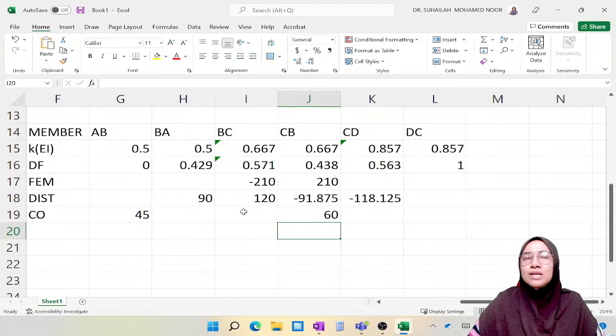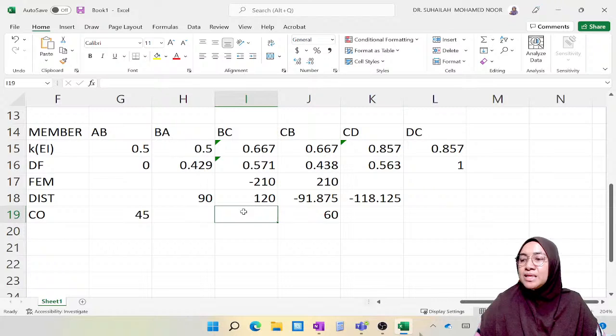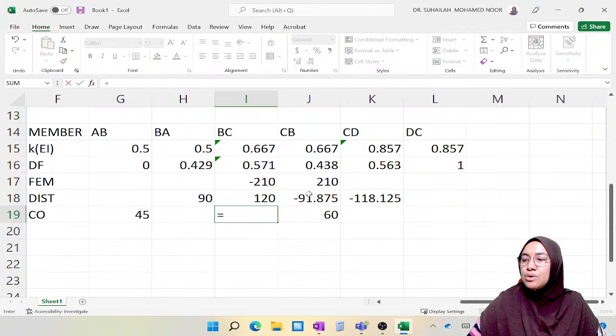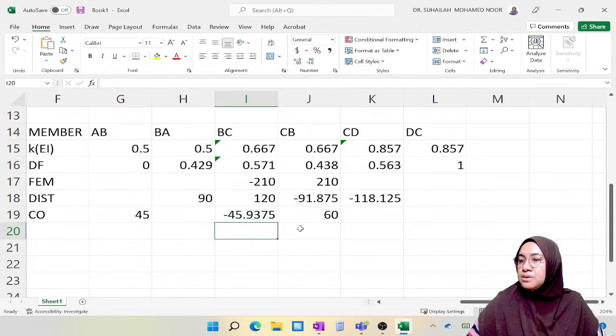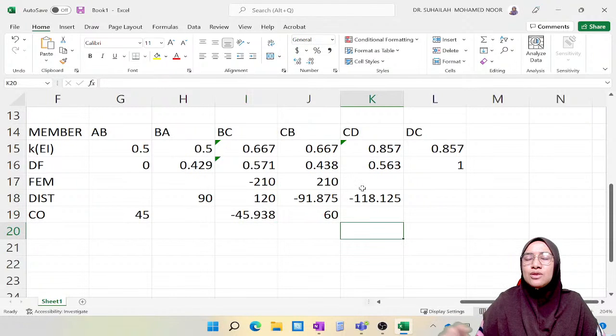Okay, and then C to B, we have negative 91.875. This value we need to times with 0.5. We get negative 45.9375.